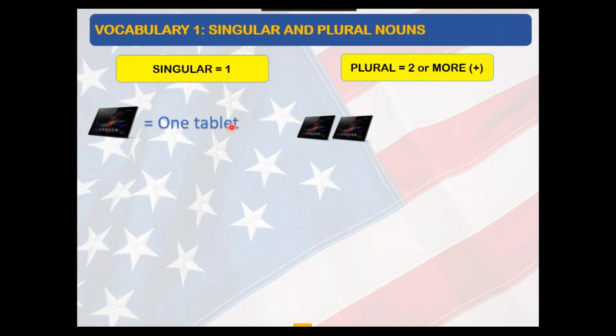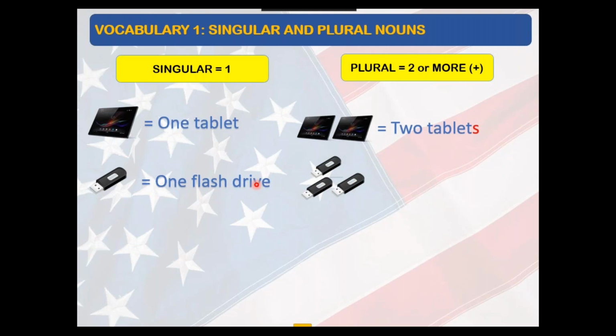One tablet. Here, the numbers, remember? 2 tablets. Another example. 1, 2, 3, right? 1 flash drive. Remember the vocabulary. 1 flash drive. And 3 flash drives.